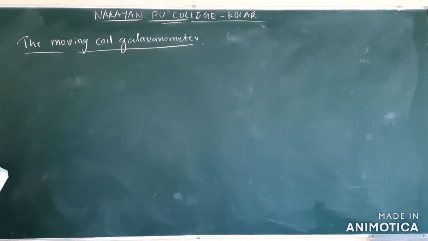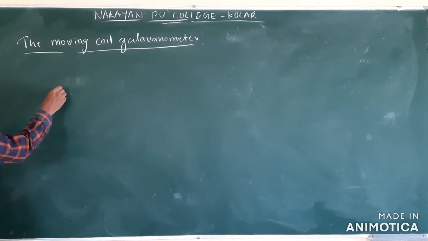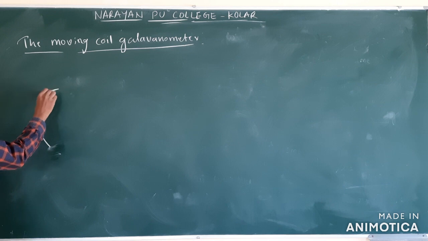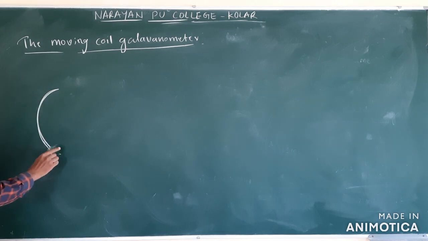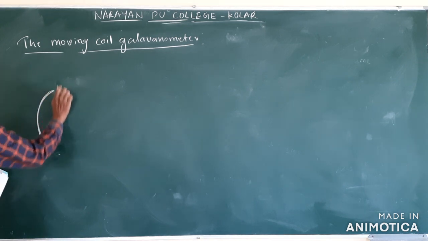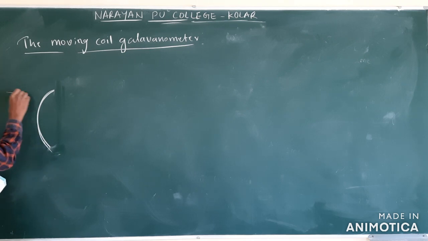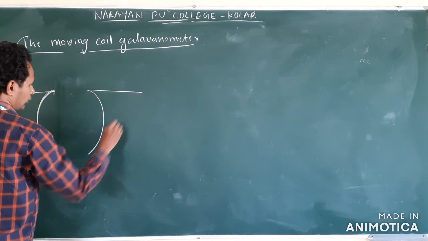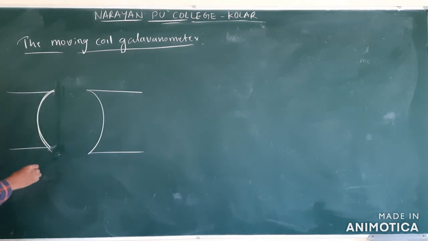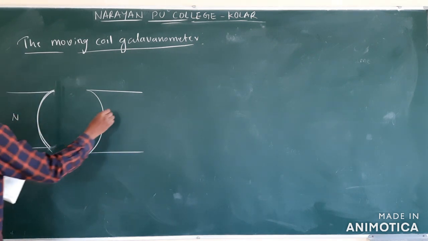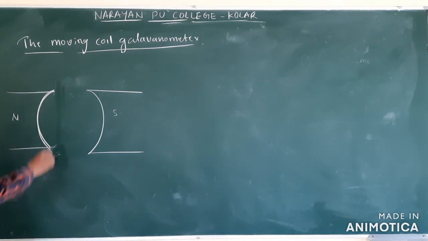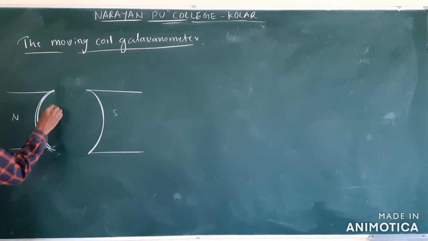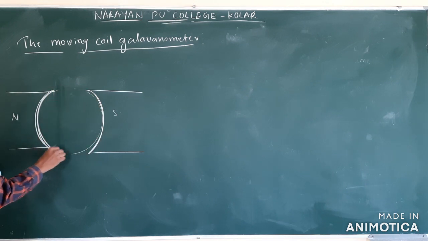Now it consists of a radial magnetic field, sorry, not cylindrical. So this is the North Pole and South Pole. Radial field means field lines act along the radius. See, this is looking like what?